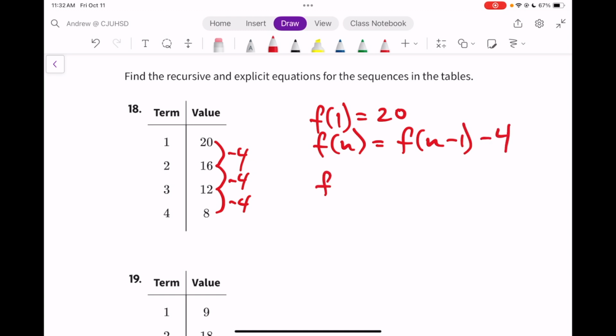Explicitly, that would be f of n is starting at 20, subtracting 4, and we are starting at the term value of 1, so we'll put n minus 1.